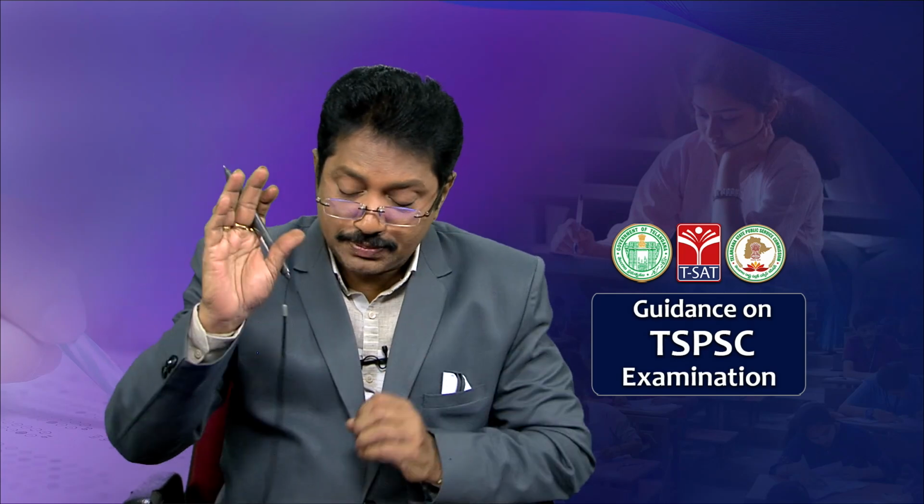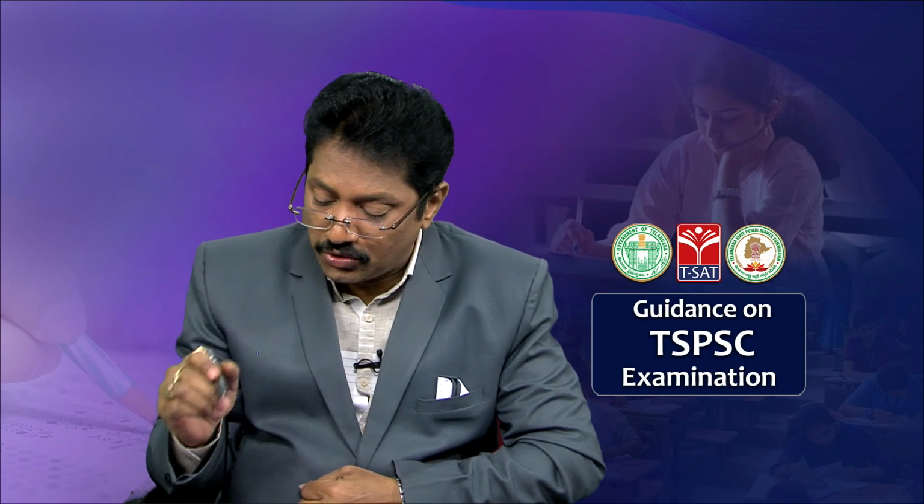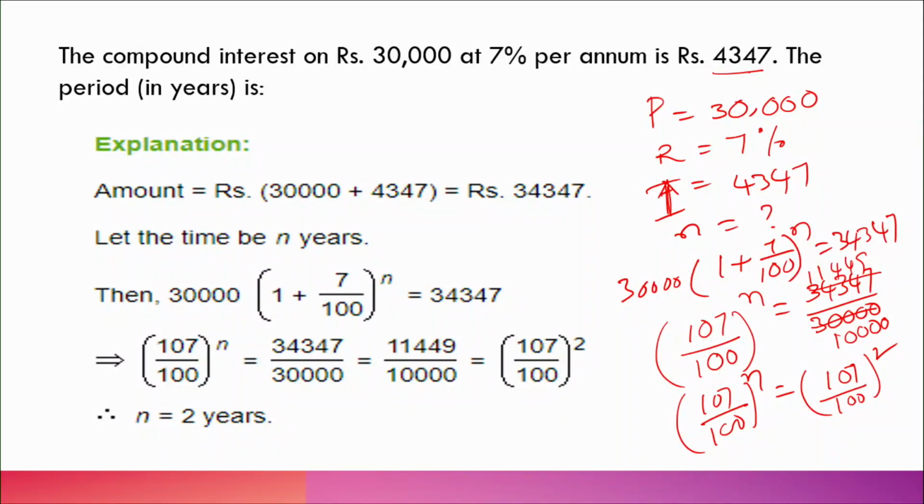I will explain a simple method. You are going to find the square root of 11,449. You have to pair the digits into two each, that is 1, 14, 49. Now, 1 ones are 1.